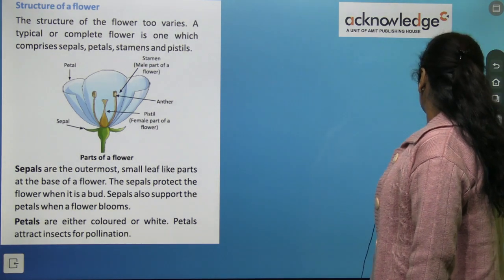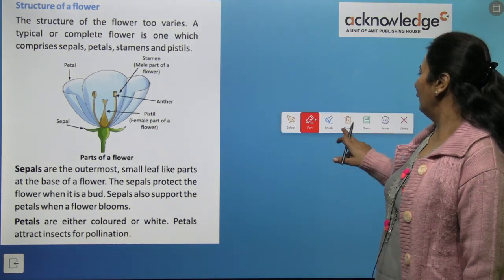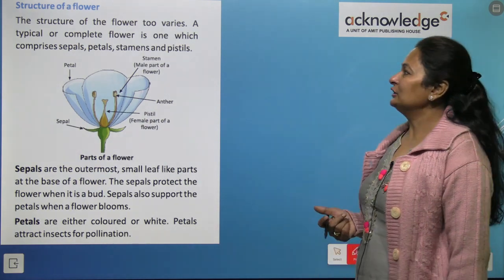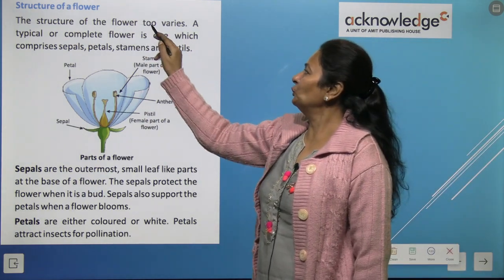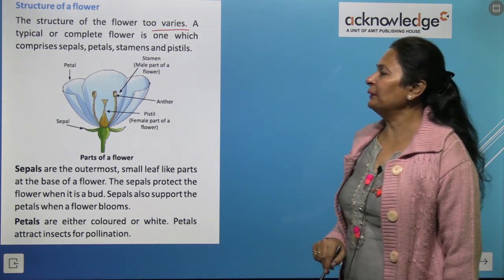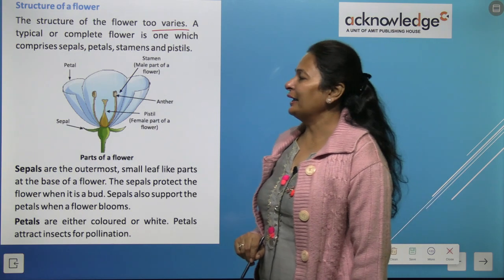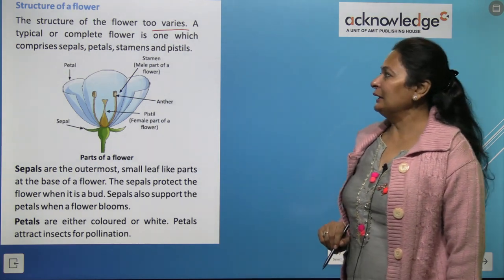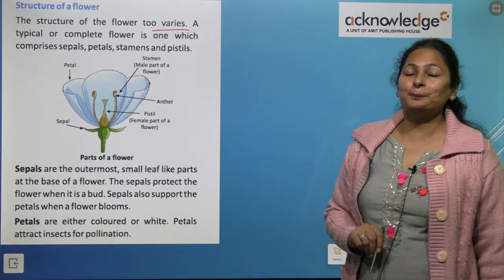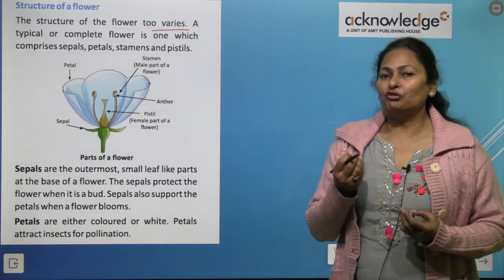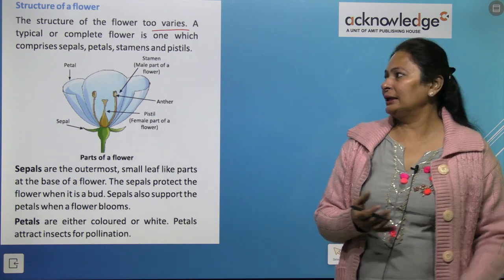Now we will discuss the structure of a flower, what all parts a flower has. The structure of a flower too varies. A typical or complete flower is one which comprises sepals, petals, stamens and pistils. So these are the parts of a flower, and we will discuss all of them in detail.